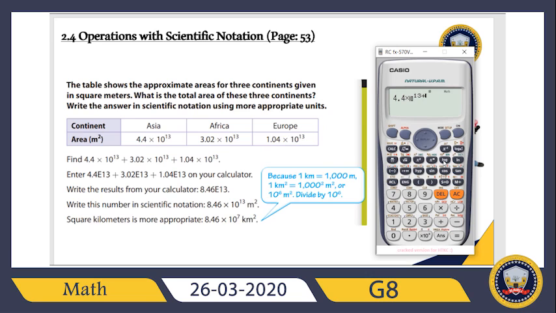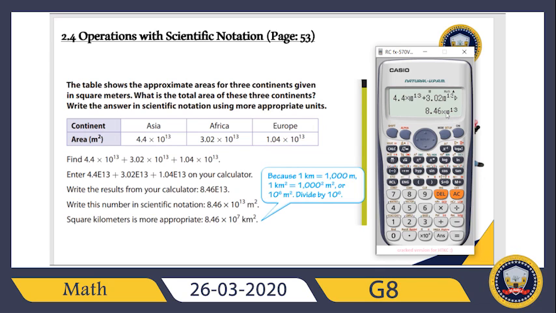Okay, now I should go down, plus 3.02 times 10 to the power of 13, down, plus 1.04 shift 10 to the power of 13. So the result is 8.46 times 10 to the power of 13.